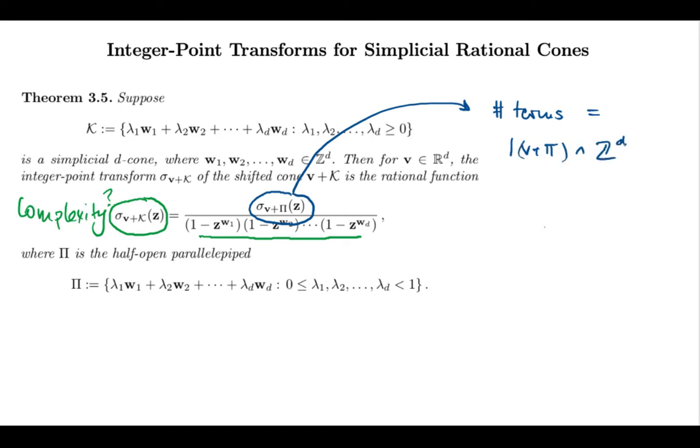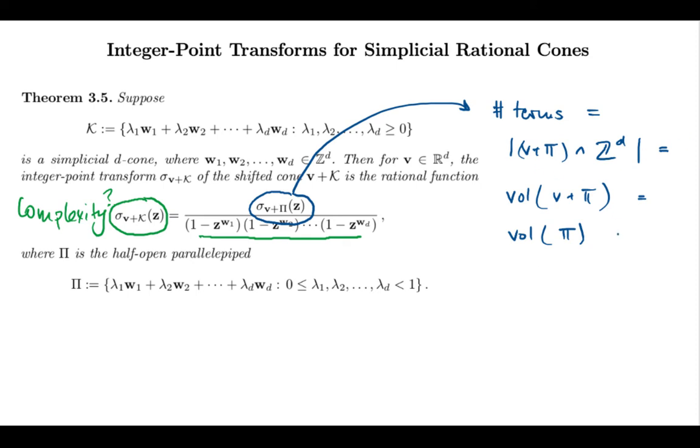Well, it's a half-open parallelepiped. And so I will now give you a sort of heuristic argument that this number of integer points is actually the volume. And of course, the volume is invariant under translation. So this complexity gets measured by the volume of Π.